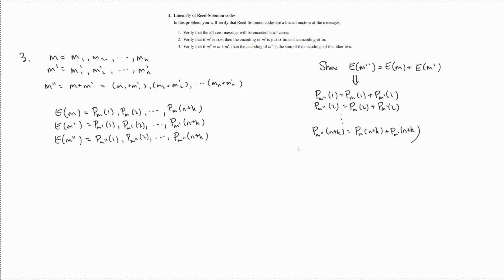Now notice how it suffices to show that p sub m double prime of x is equal to p sub m of x plus p sub m prime of x.